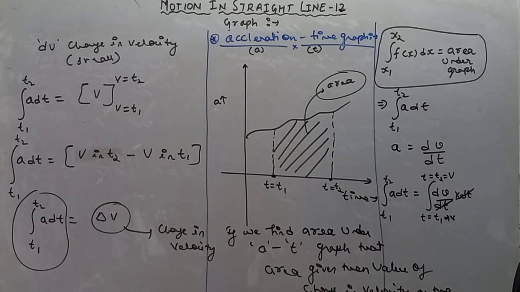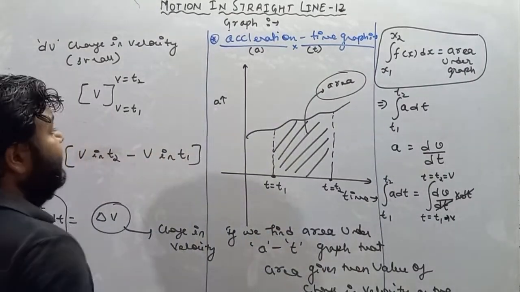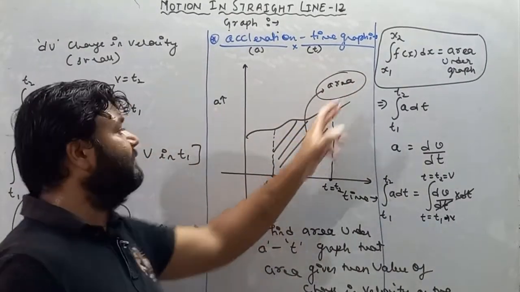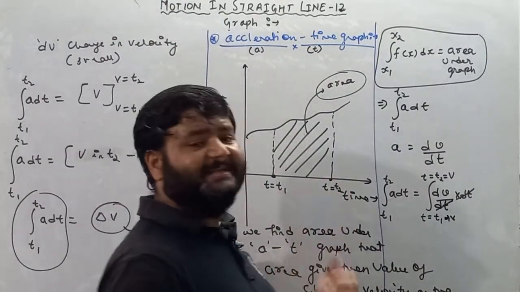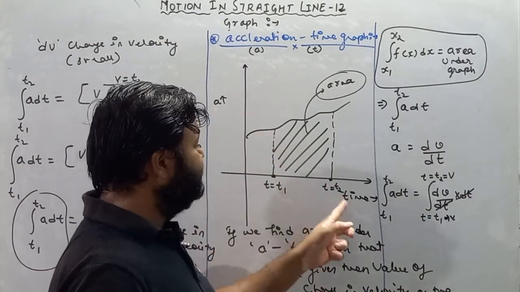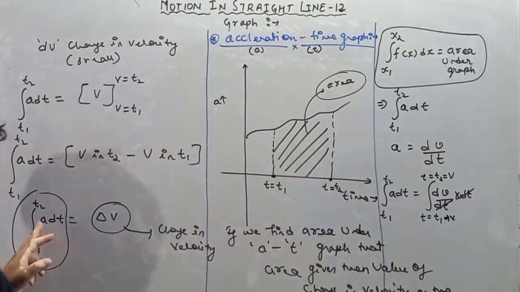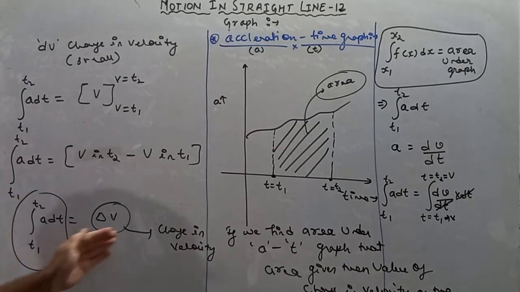Remember, if you find the area under the acceleration time graph, then that area is nothing but the change in function with respect to x with certain limit x1 to x2. So here acceleration is changing with respect to time, that's why I'll write the change in acceleration with respect to time dt with limit t1 to t2. So what will we get, beta?